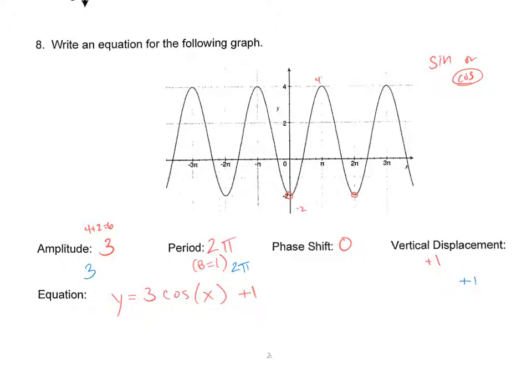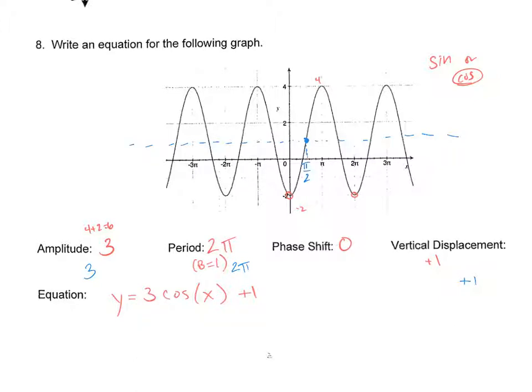So if I draw a line at my vertical displacement, all right, so that is where my graph is oscillating about. It's going above and then below and then above and then below, okay? So normally I would have a 0 at x equals 0, but now that is happening at maybe pi over 2.